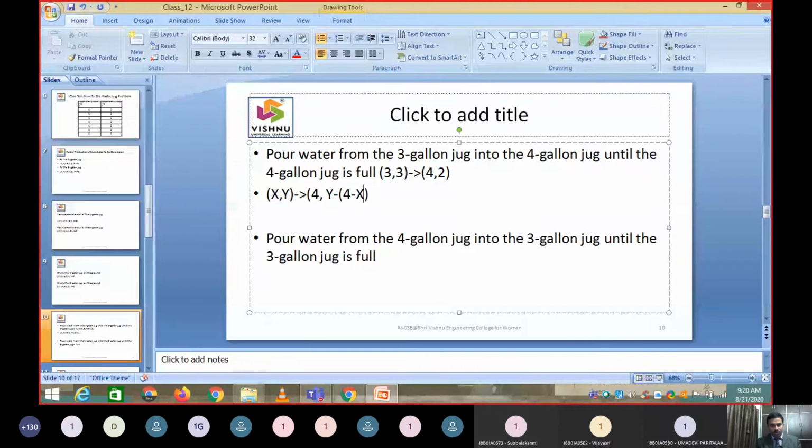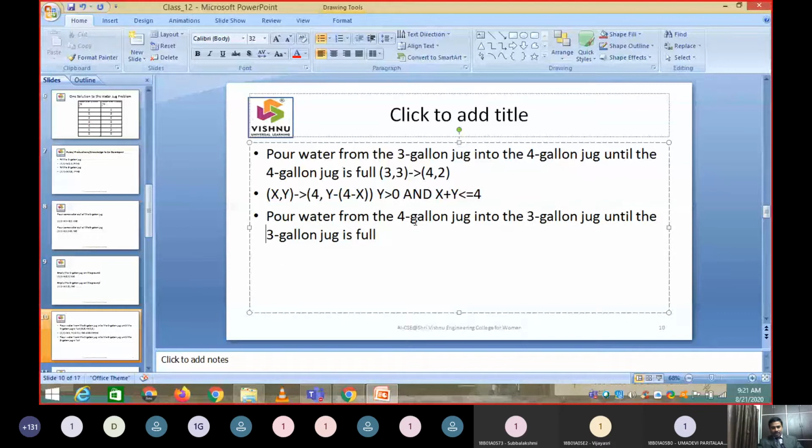It's the most important production among all the productions I have written till now. You can pour some water when the y value is greater than 0, and because it has to fill completely, I can write x plus y greater than or equal to 4, because I'm filling this jug completely. So how you get y minus (4 minus x) is important, and we discussed it yesterday.